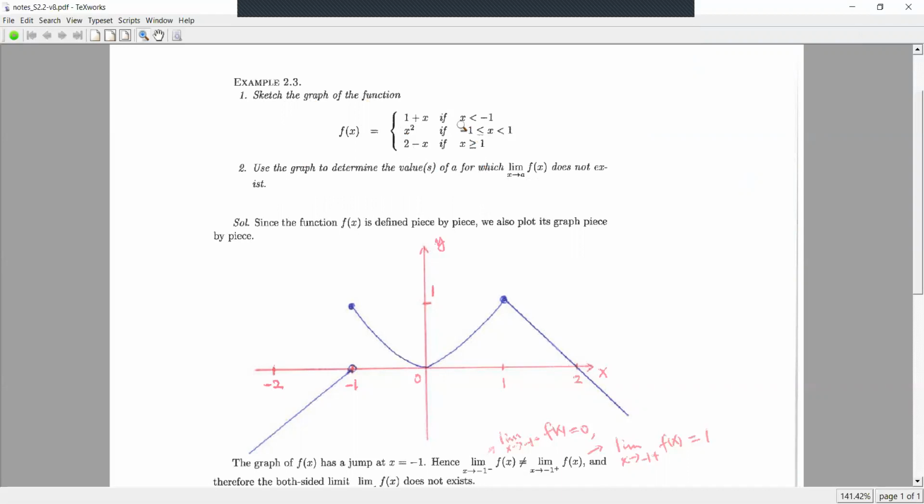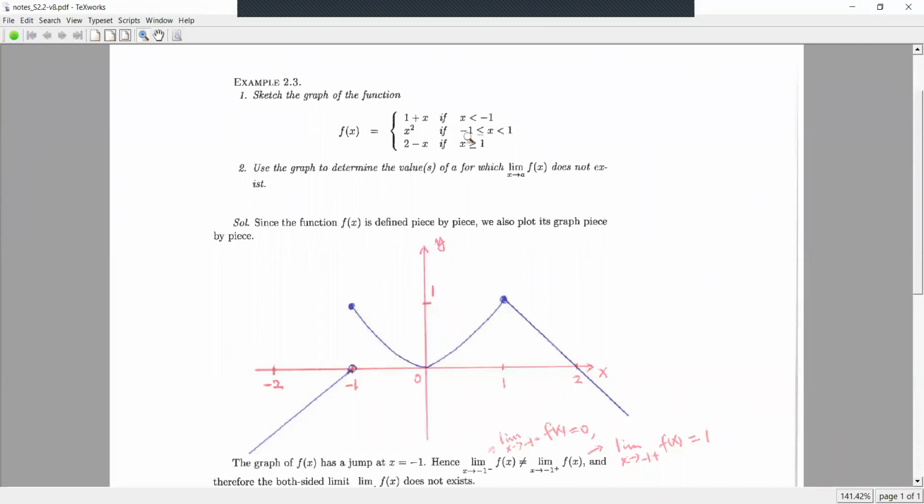The first piece, x less than -1. When x is less than -1, the function is 1 plus x. The graph of 1 plus x is a line. The slope is 1. x cannot be equal to -1, so I put an open dot here to mean the point is not part of the graph.